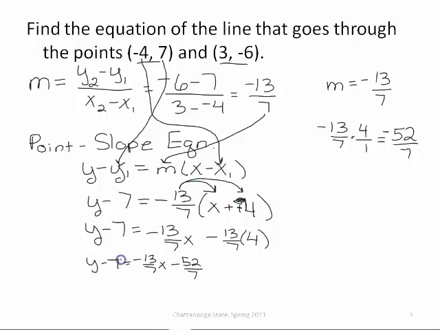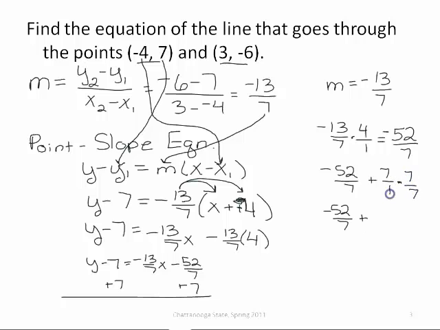Now the only thing I need to do is get the y by itself by adding 7 to both sides. To add 7 to both sides, I need a common denominator for 52/7 and 7 over 1. So my common denominator would be 7. I have negative 52/7, which I won't need to change. But for the 7, in order to get a 7 in the denominator, I've got to multiply by 7 over 7.